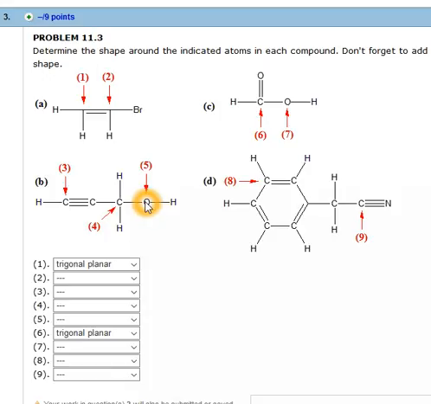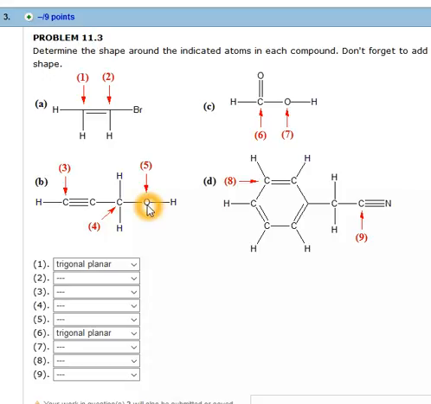In this case, oxygen would have 2 lone pairs of electrons, so keep that in mind. So you got 1 sigma bond here, another sigma bond, that's 2, and each lone pair counts as a group of electrons, so you have a total of 4 groups of electrons on this atom, oxygen.